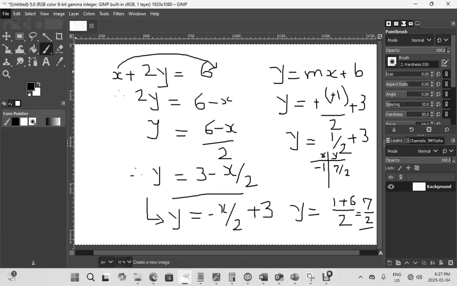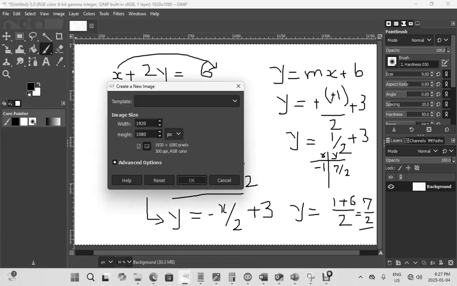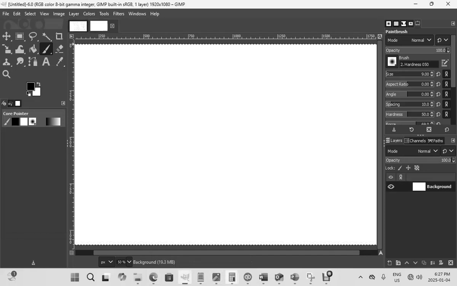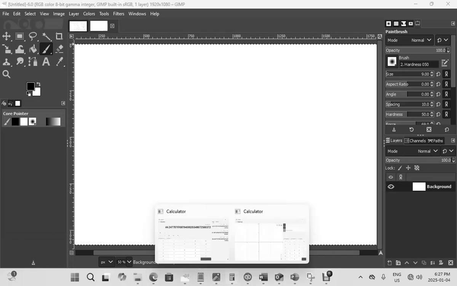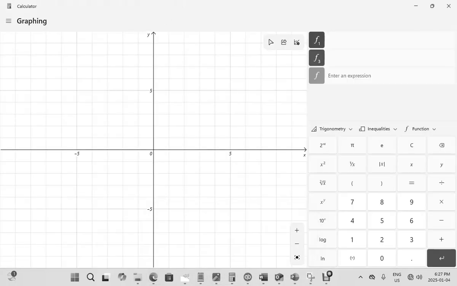We can graph this linear equation using your graphing calculator. Say you have x plus 2y equals 6.